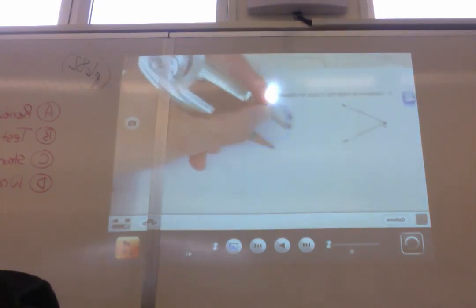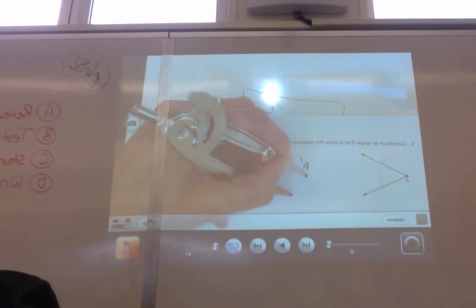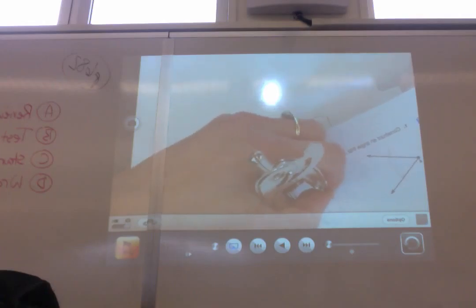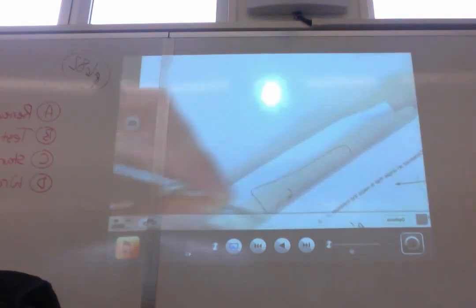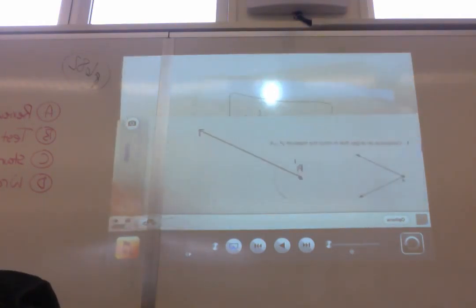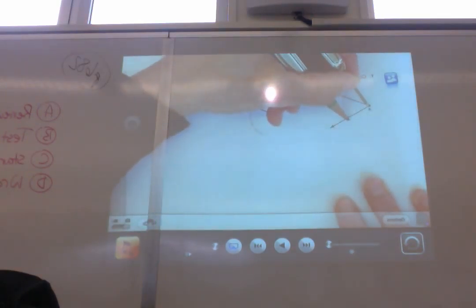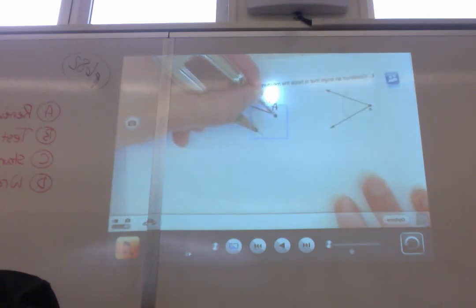Remember too, it might work better to keep the pointy part down and move the book underneath. So this arc and that arc are made with the compass at the same width. Are you with me to there? Indeed we are. Okay, good.